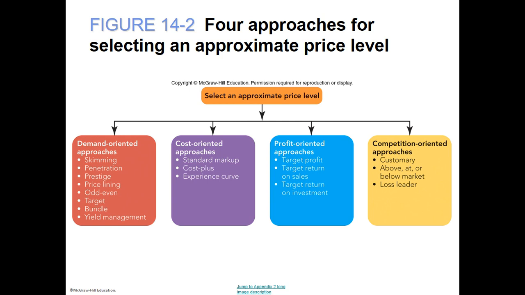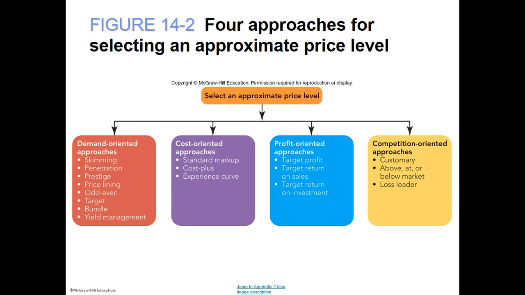Overall, there are about 4 different approaches for selecting an approximate price level, and marketers usually use one of those approaches. The first one is demand-oriented approaches. We use skimming pricing, penetration pricing, prestige pricing, price lining, odd-even pricing, target pricing, bundle pricing, and yield management to come up with the price.